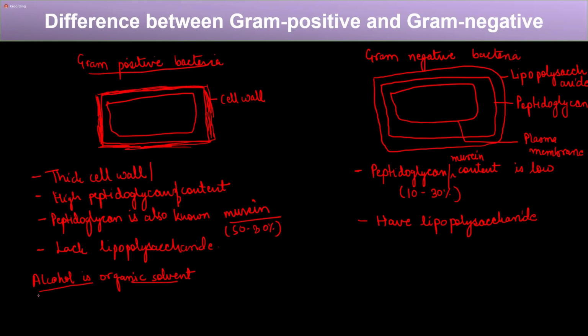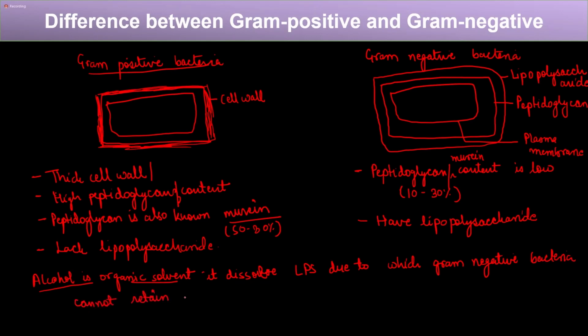Because alcohol is an organic solvent, it dissolves this LPS, due to which gram-negative bacteria cannot retain crystal violet dye.